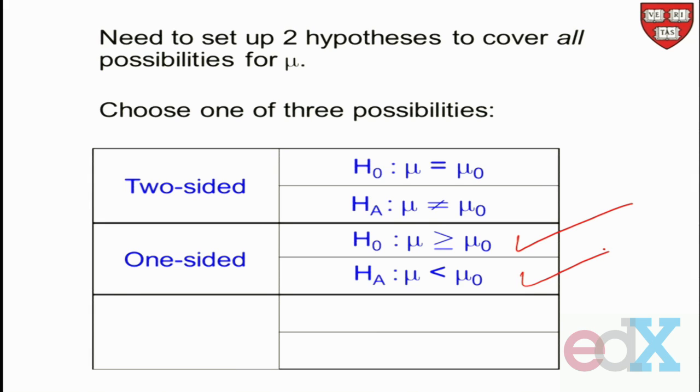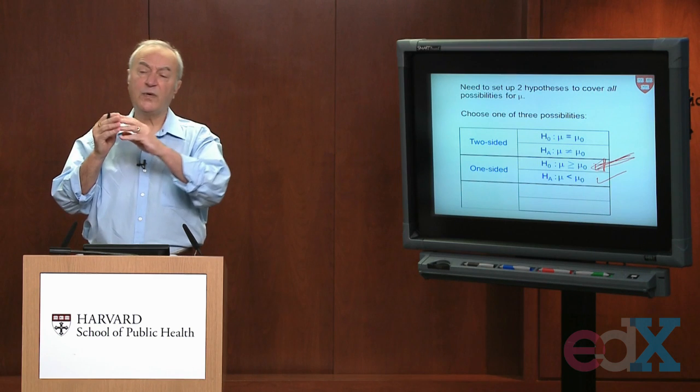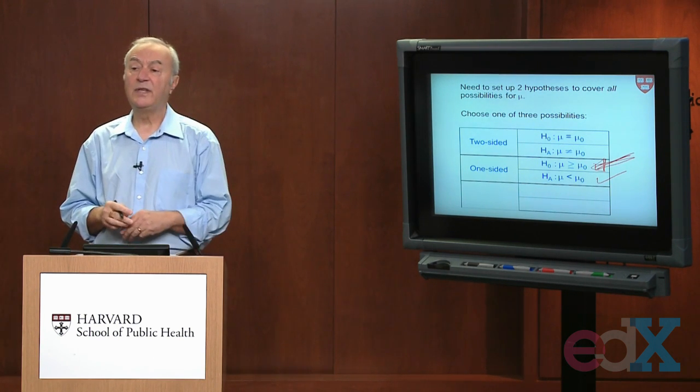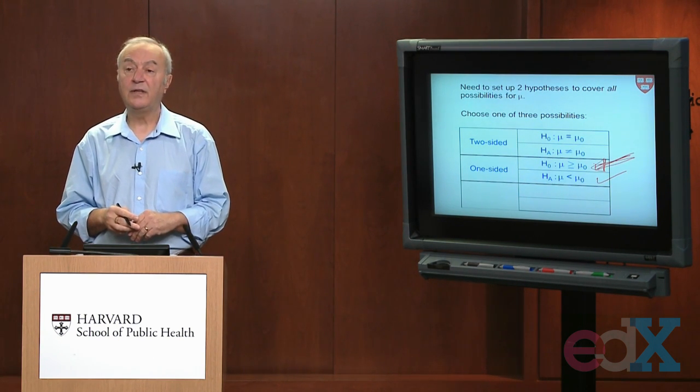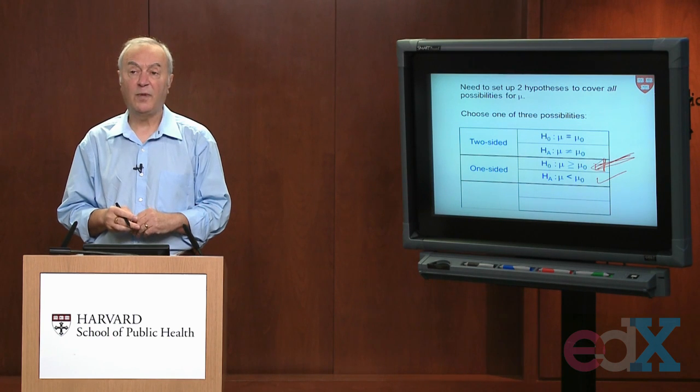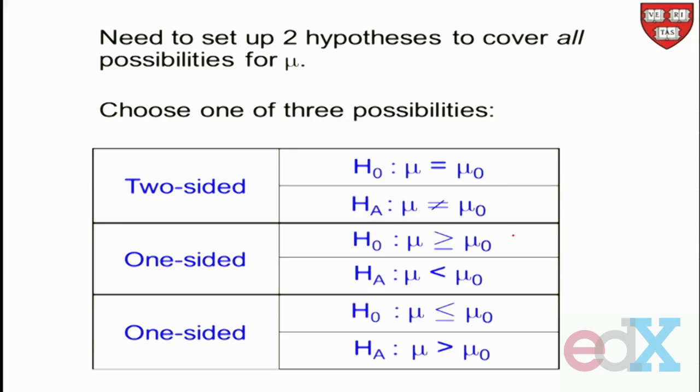Because if x bar is equal to mu naught or bigger than mu naught, then we would be in the null hypothesis situation. Whereas if we're down there, then we're in the alternative domain. The other one-sided is just a mirror image of this, and that is that the null is that mu is less than or equal to mu naught, and the alternative is that it's bigger than mu naught.